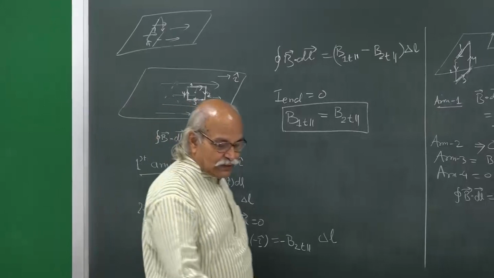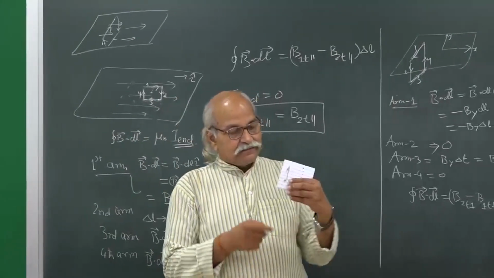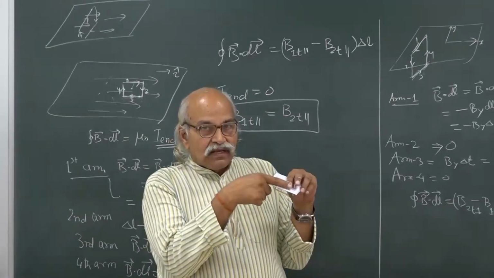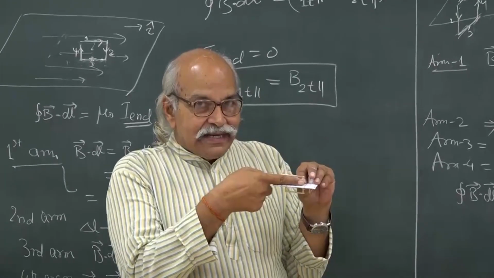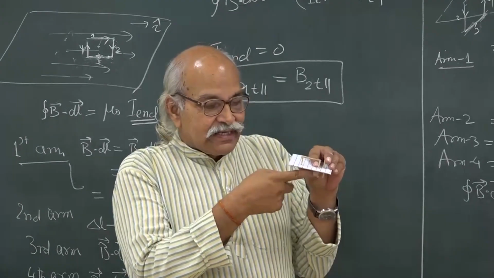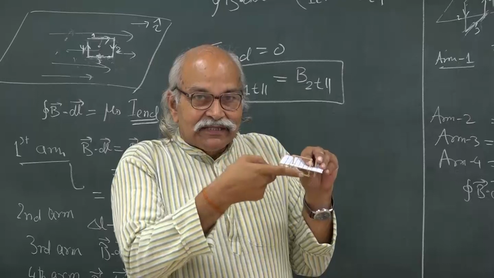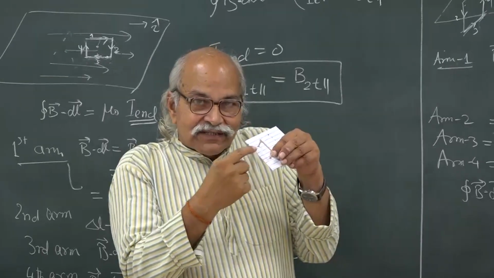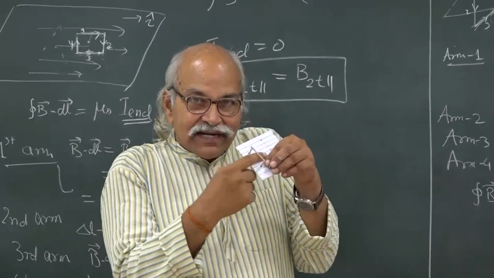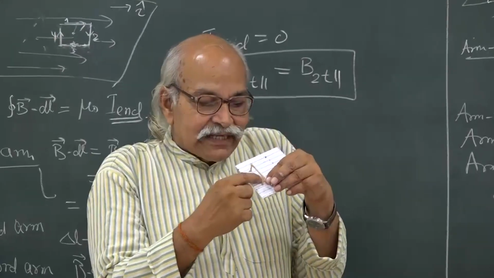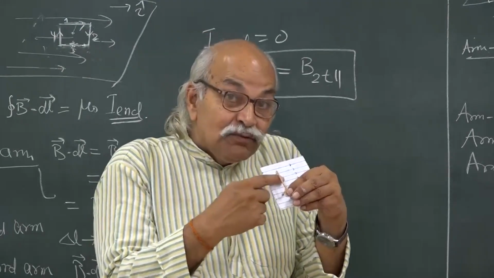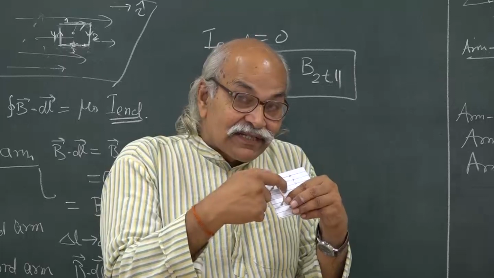So once again look at this. Here is the area bounded by this loop, and see the current directions. This current is piercing through this area, going from this side to that side.